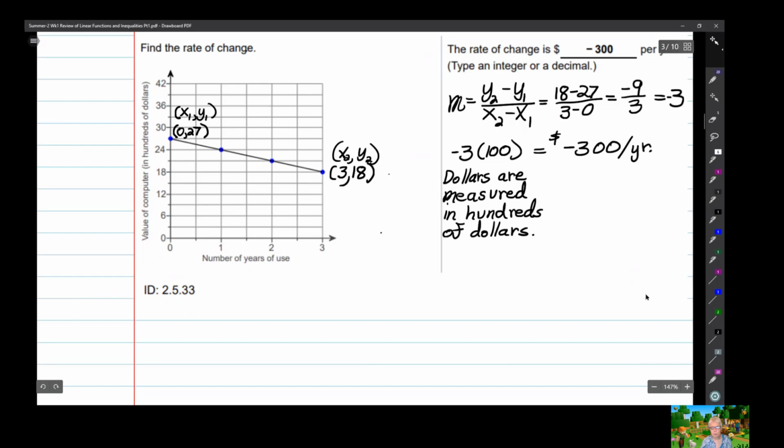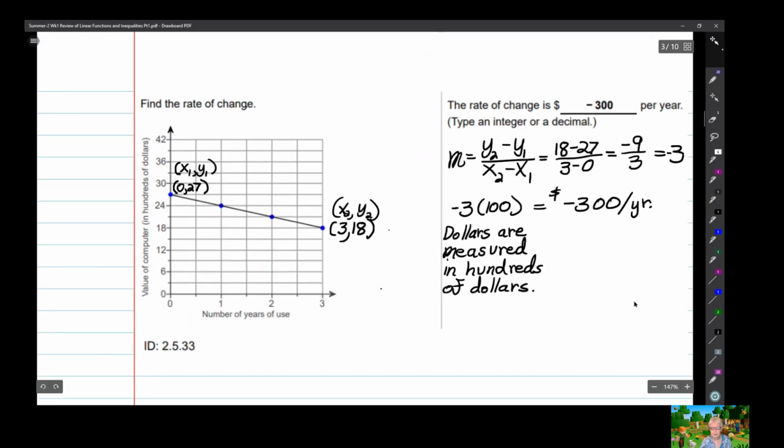Like I said, it's a really expensive computer. But that doesn't matter. What we're looking for is the rate of change. How fast is the value of the computer changing as it ages?